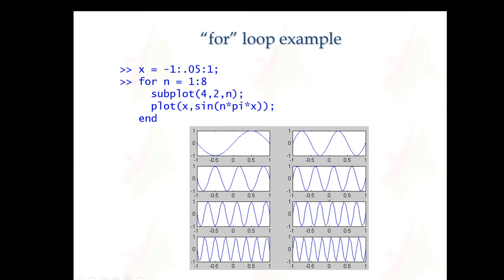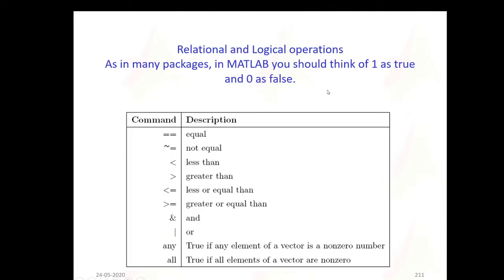Next one, you can see I am increasing the frequency, so it is also multiplied by 2. The plot is varying, and the position of the plot in the figure is also varying. Next 3, 4, 5, 6, 7, 8, so totally we are having 8 figures. I hope you understand this one. This is the for loop.